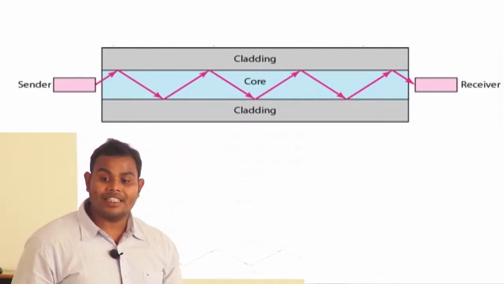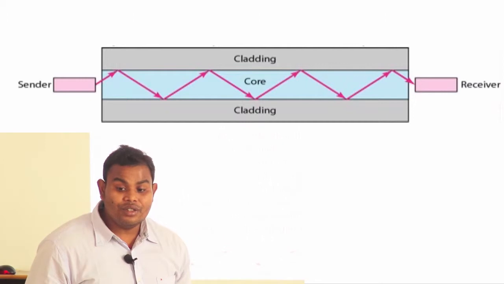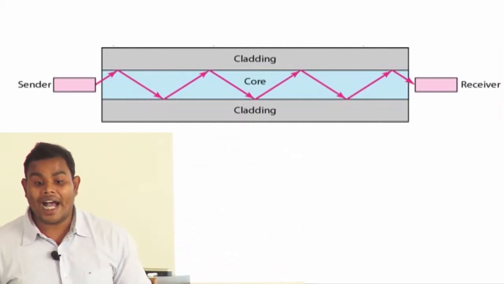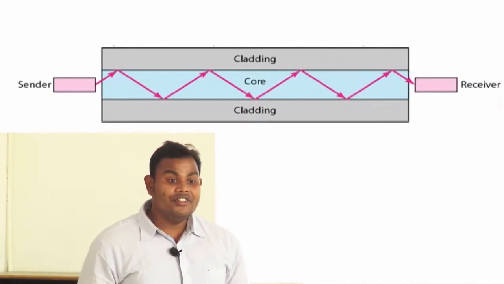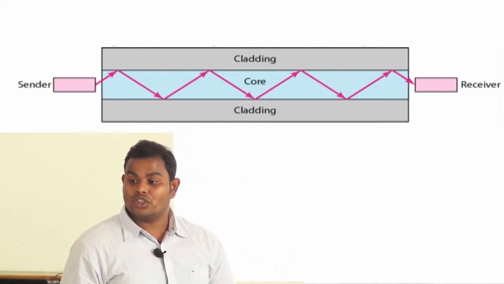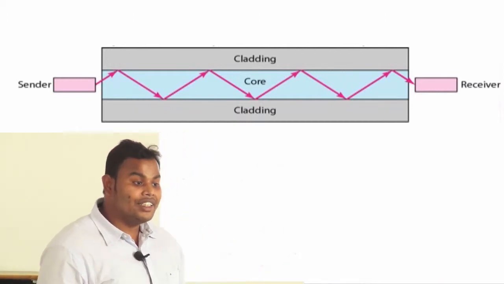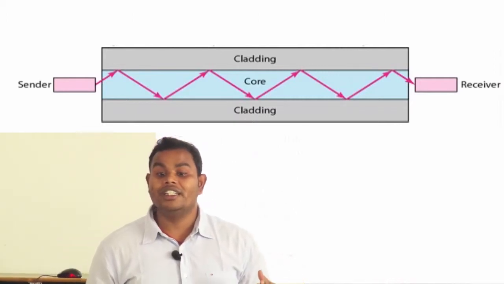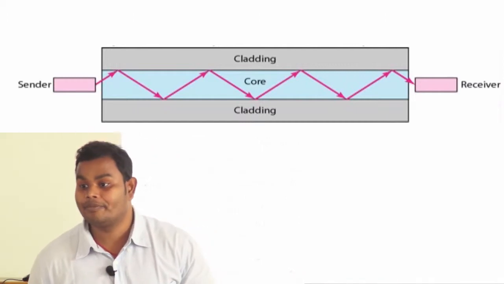The core part contains a low density value, whereas the clad part contains a high density value. If the light source goes from a low density value to a high density value, then it is going to be refracted or reflected.